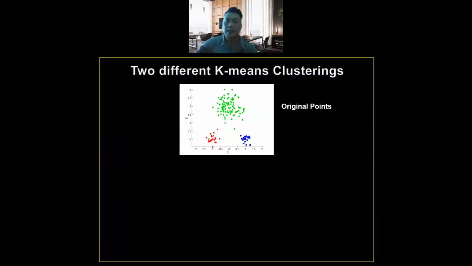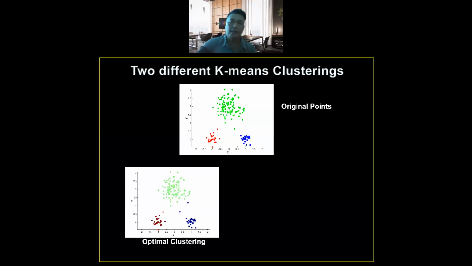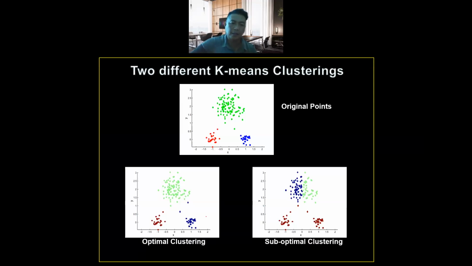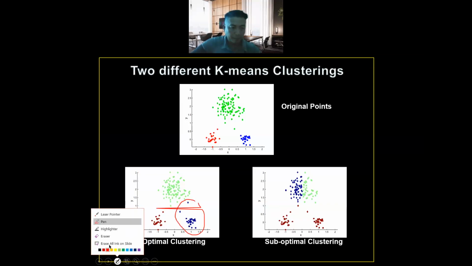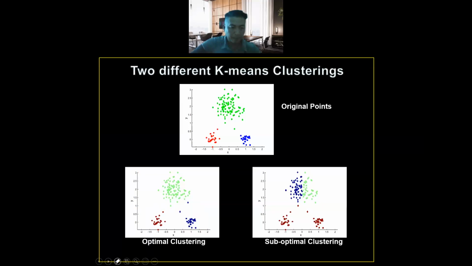For example, like this. Suppose we have this original point. The optimal clustering is this, where we have 3 clusters. This one is non-optimal because we have this cluster.